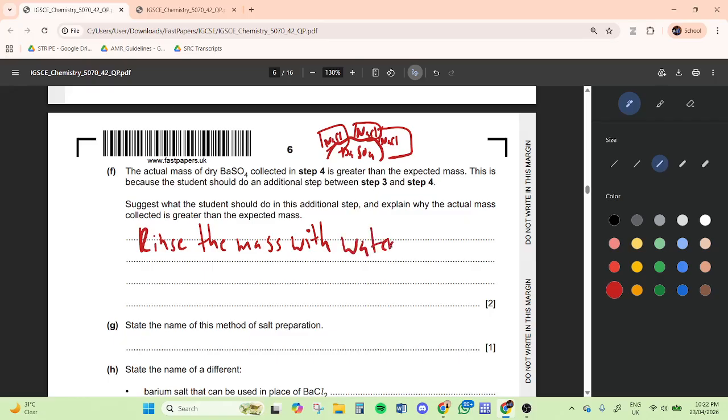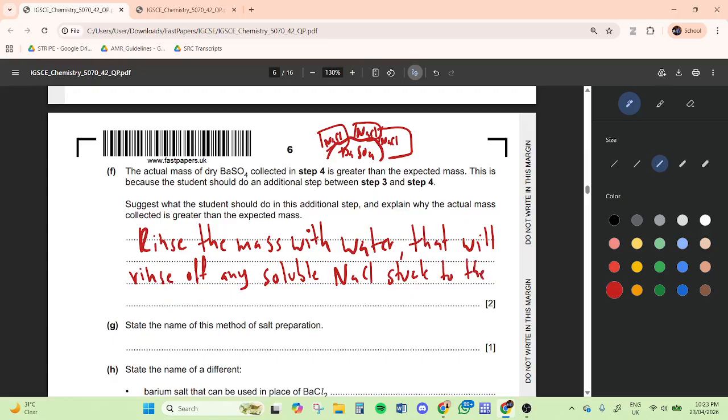If you do that, that will rinse off any soluble NaCl stuck to the BaSO4.